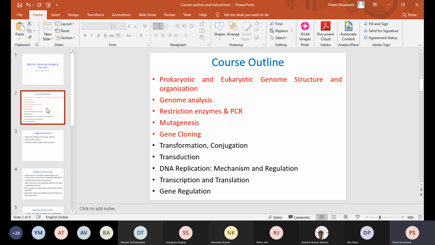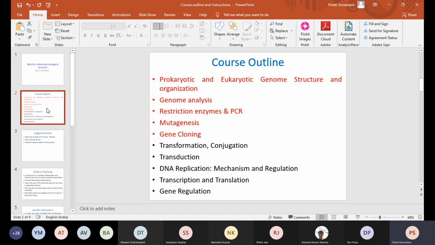The second topic is genome analysis. Here we are going to discuss how we can analyze the genome, the basic principles of isolation of the genome, and then its analysis. For example, if you have a Saccharomyces cerevisiae, which has 16 chromosomes, how can we analyze whether it has 16 chromosomes?